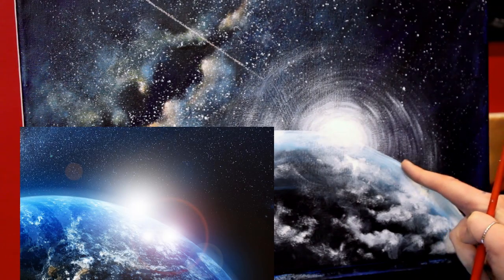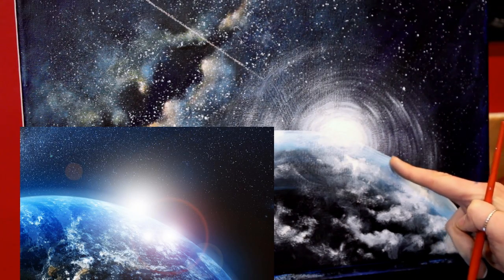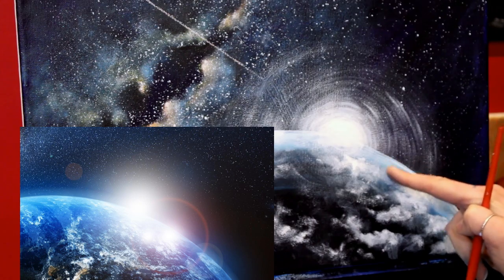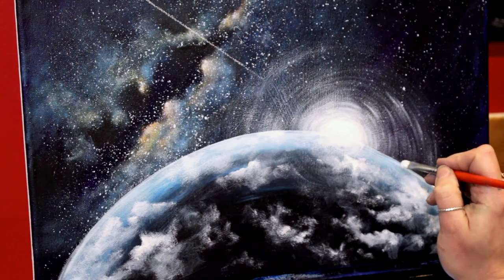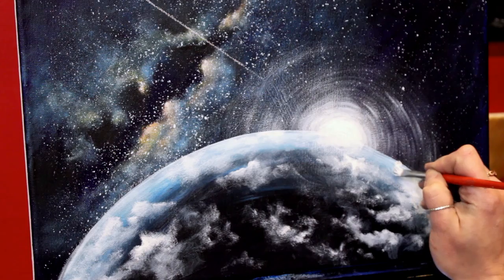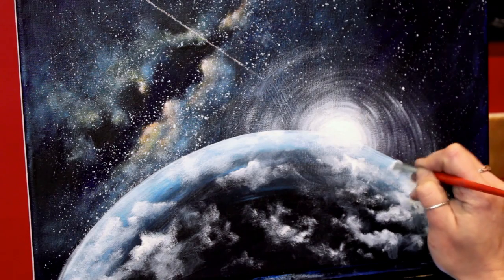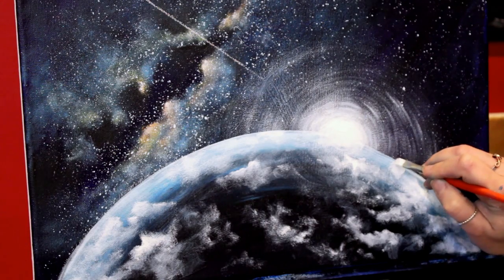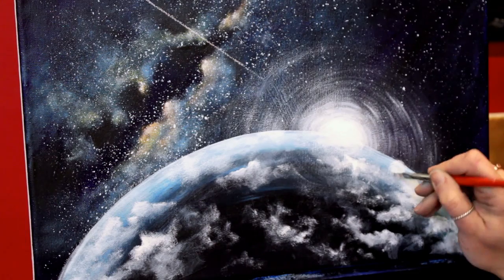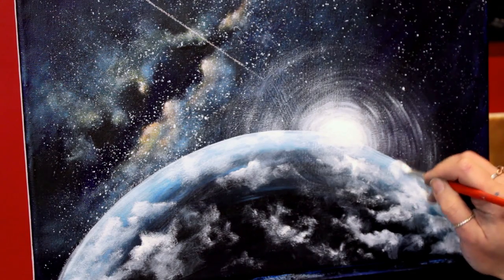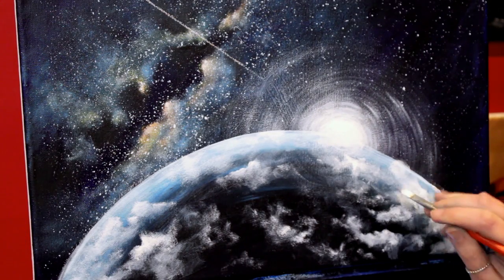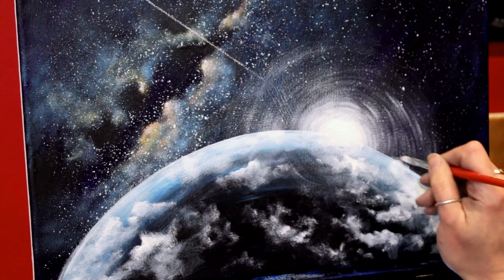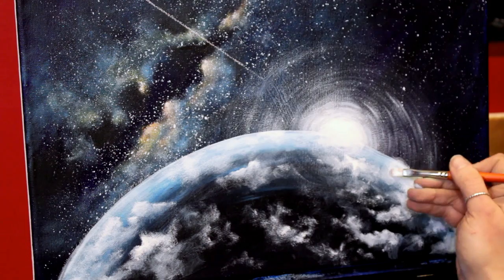In our image here, you can see that there's another one that's kind of a reflection of the sun right about in here. So I'm going to come at it with the tip of my brush, just kind of start swirling. I'm pretty much inside of the planet. It'll extend out past it a little bit, but I'm trying to keep it on that line. So pay attention to wherever it is that your line is. We're going to do the same thing, dust that out around it, but on a much smaller scale.